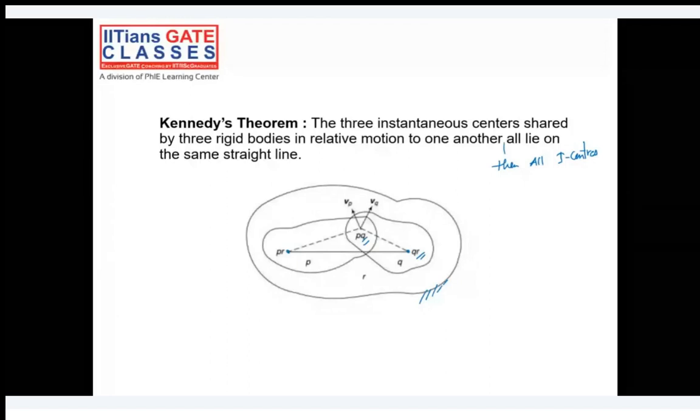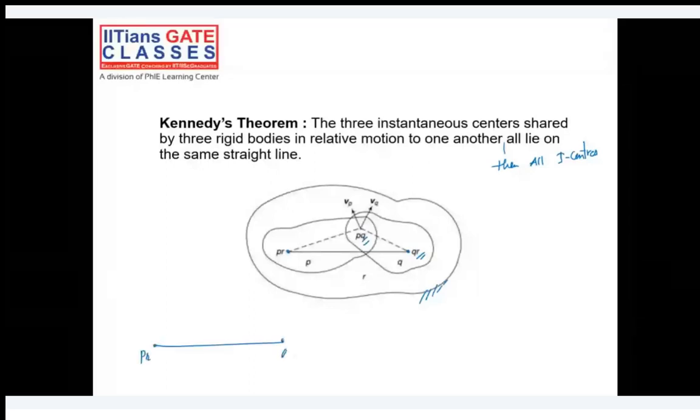PR is the I center for links P and R, QR is the I center for links Q and R. Then the I center for PQ has to be on the line PR, QR itself, because in that case only we'll have a unique straight line for VP and VQ. Okay, the direction of VP and VQ will be the same. I hope it is clear to you.